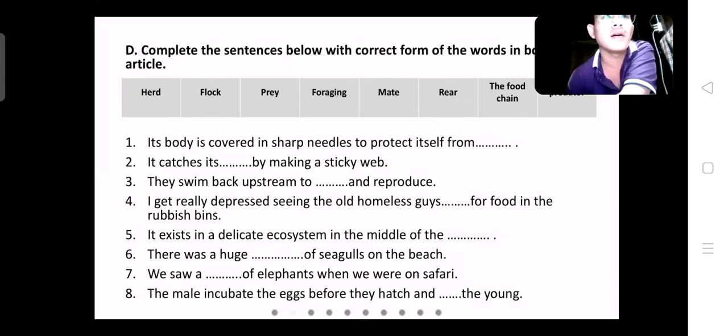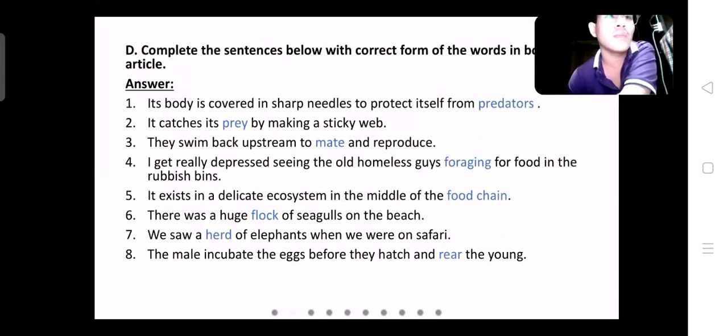Yes. We go to part D, where we find and shoot the small words in the paragraph. Now you can see the words from the paragraph in your textbook: predator, prey, mates, foraging, food chance, blocks, herds, and areas.